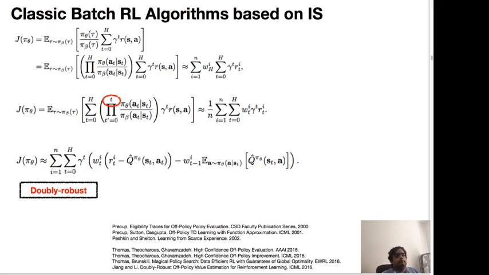These methods are called doubly robust because they utilize these two things together, the importance weights as well as the Q function, and you should find more details in the paper referenced on this slide.